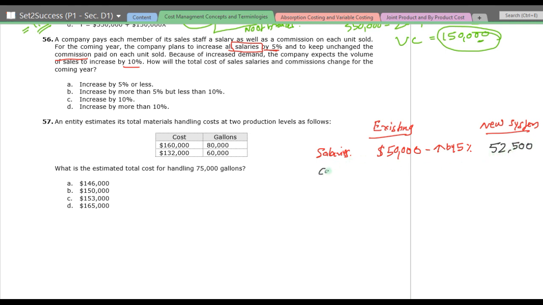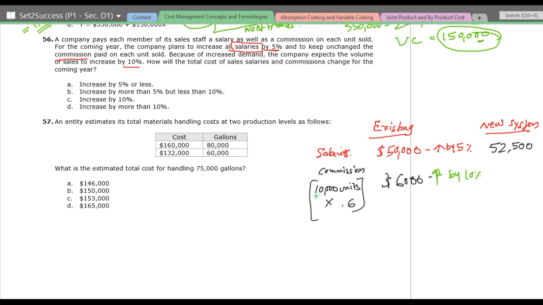Now for commission. Let us assume 10,000 units they are selling at a rate of 0.6. So if they are selling 10,000 units at the rate of 0.6, we are giving commission of 6,000, that is the existing commission. Now the company expects the volume of sales to increase.